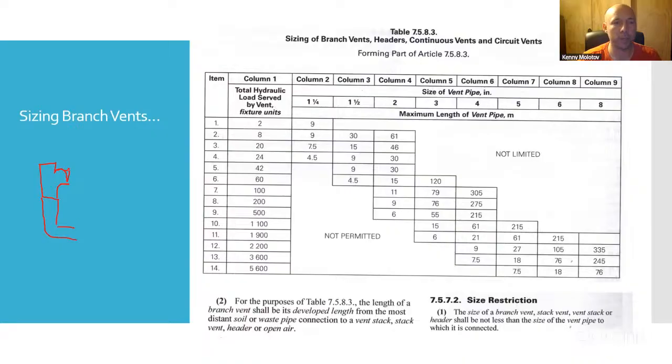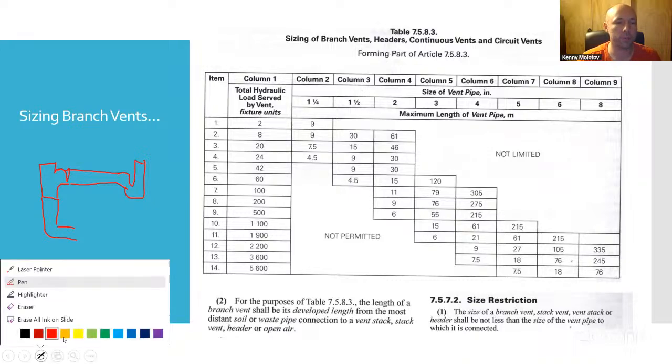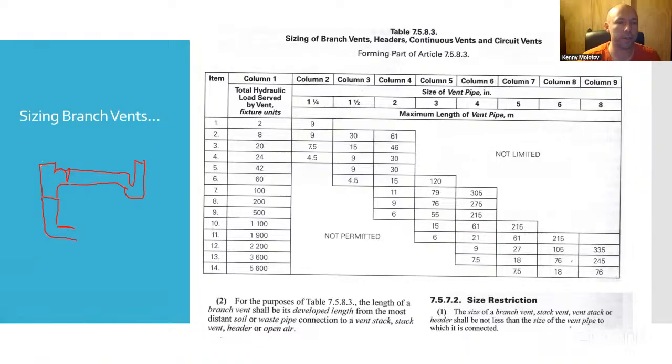Okay, and this is our trap arm. And this is our trap, okay? And the vertical portion of this is our vent right here. This is called a continuous waste and vent, okay? This is a style of individually venting a fixture, okay?